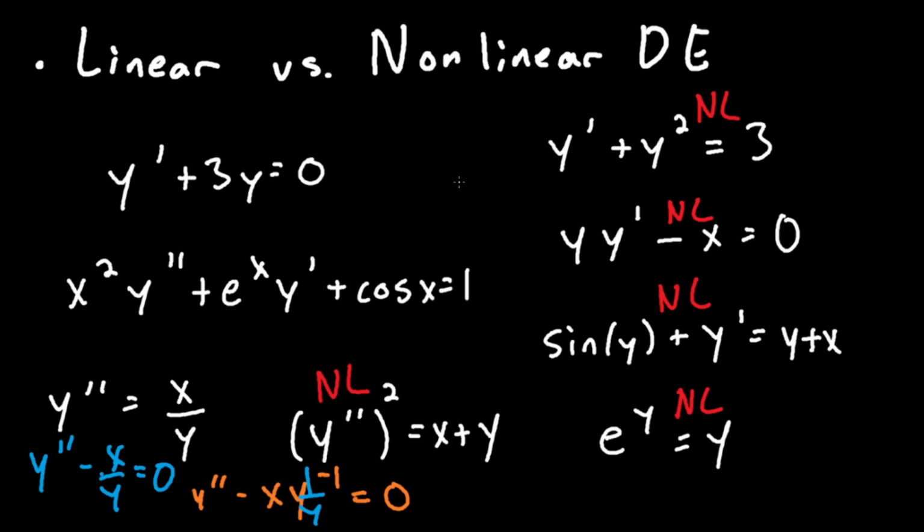And x times 1 over y is x over y. So y to the power of negative 1 in this case is not 1. Y is not being put to the power of 1. So this equation right here is nonlinear.